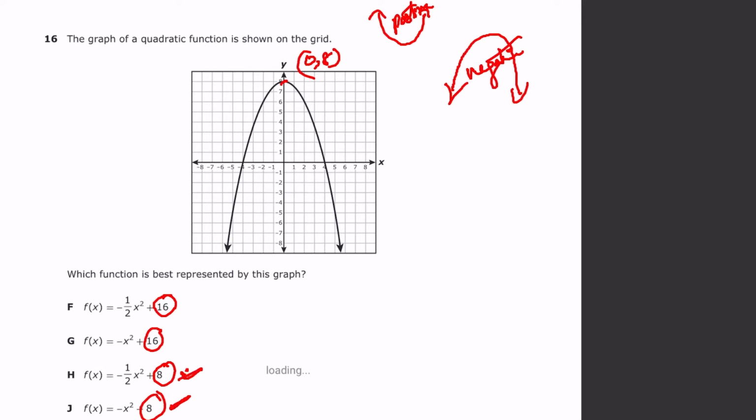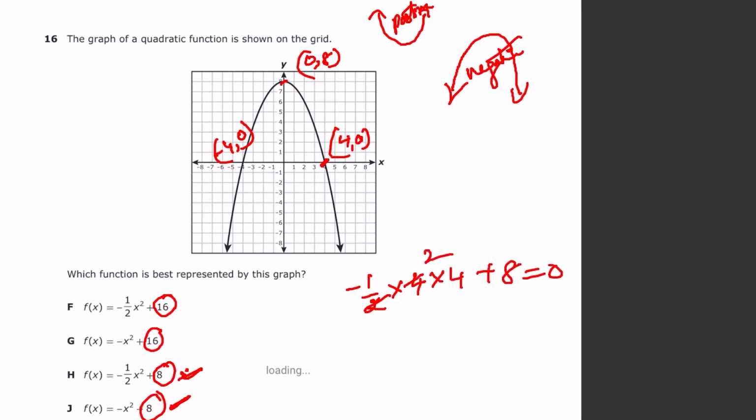We'll just see. Now here you can see that minus 1 by 2 x square plus 8 is there. So we'll just put these 2 points. There are 2 points on this. One is 4, 0 over here and the other one is minus 4, 0. So we'll just substitute in this and see. You can see that minus half into 4 into 4 plus 8 is equal to 0.